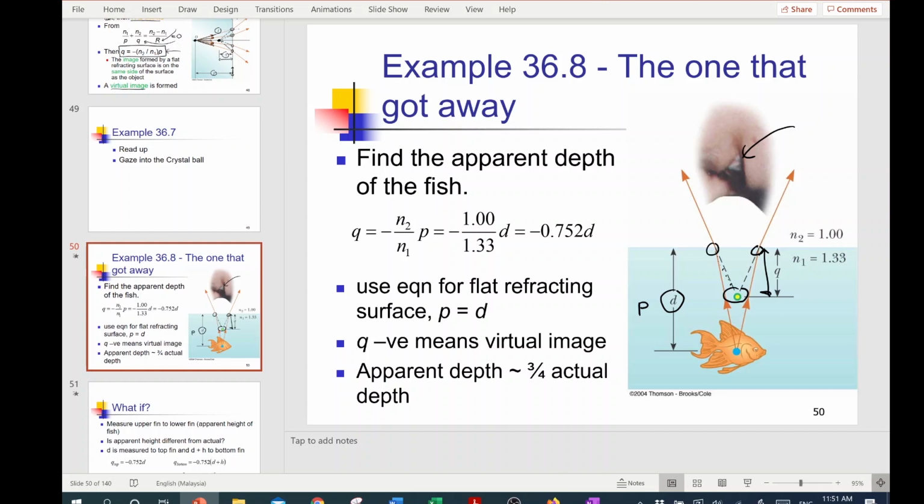We have the index of refraction of air, which is almost equal to 1, and the index of refraction for water, which is 1.33.